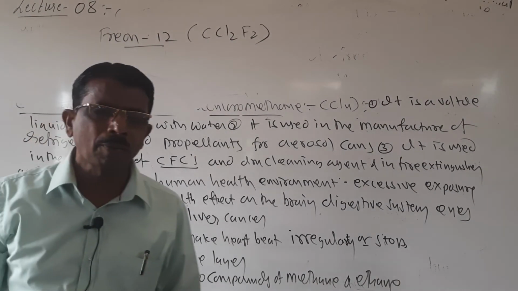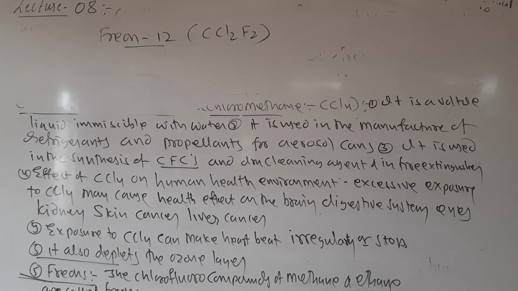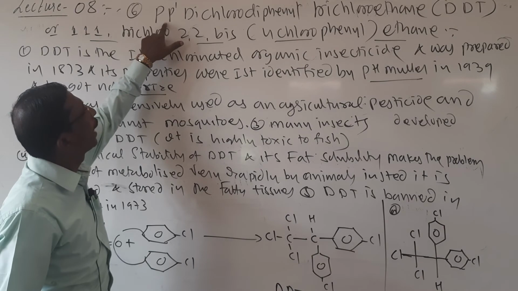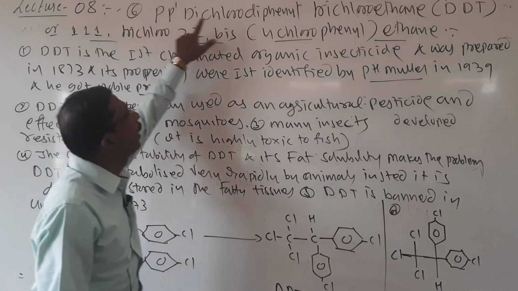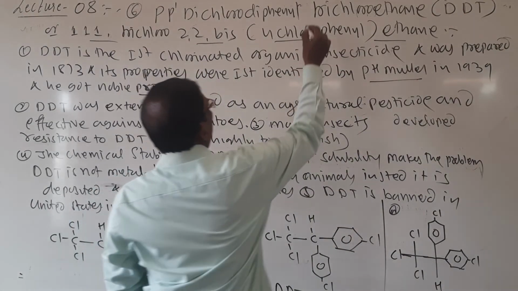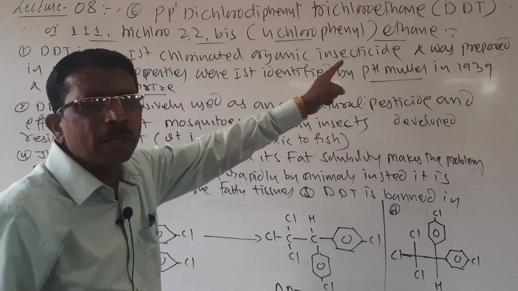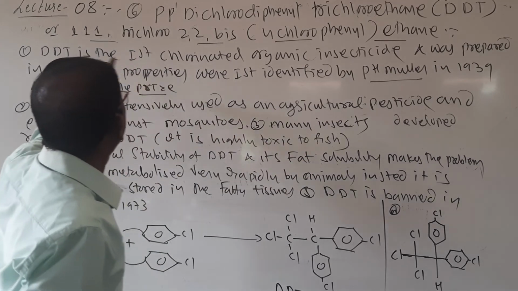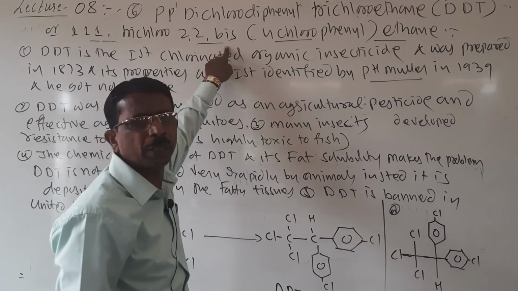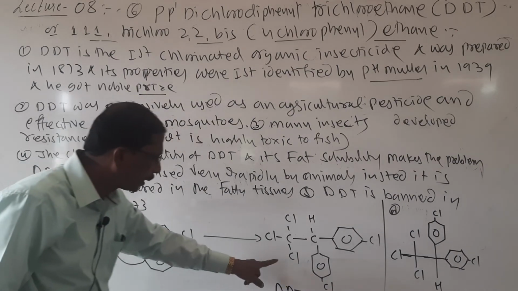Students, there is another very important one, DDT, dichloro diphenyl trichloroethane. Look here, the last one, the sixth one, p,p'-dichloro diphenyl trichloroethane. It is a trichloroethane, that is called DDT. Its IUPAC name is 1,1,1-trichloro-2,2-bis(4-chlorophenyl)ethane. Here is the structure of DDT.